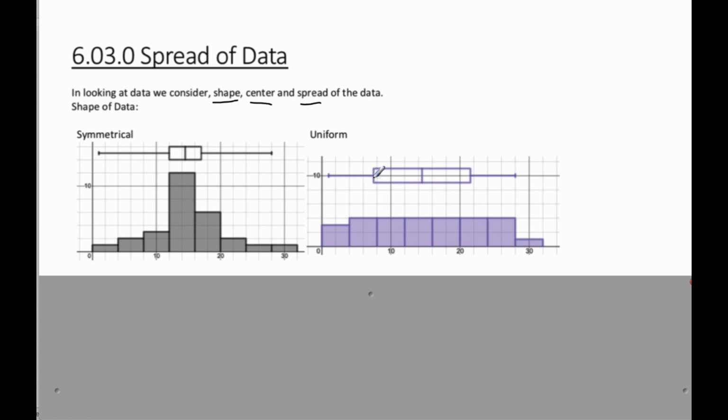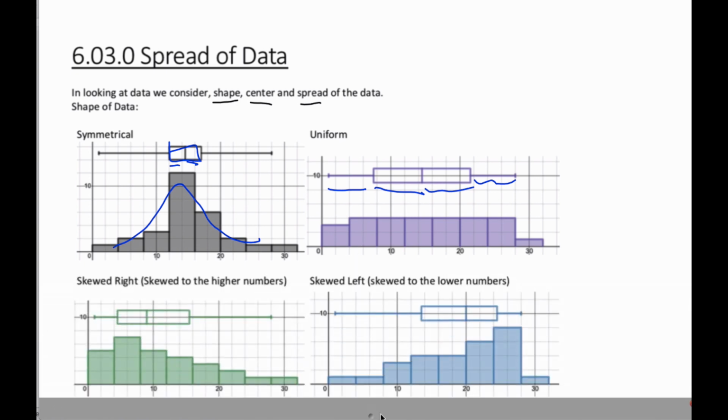And so it is symmetrical on the box plot, but you'll notice that these distances are all about the same, whereas in the symmetrical one, the steeper it is in the middle, the tighter the box is in here. And so they're not always exactly the same, even though a uniform distribution is symmetrical as well, but it's more than just symmetrical.